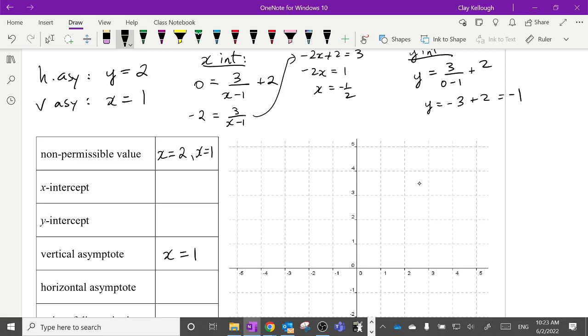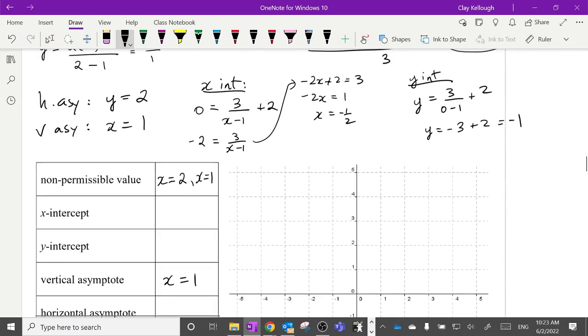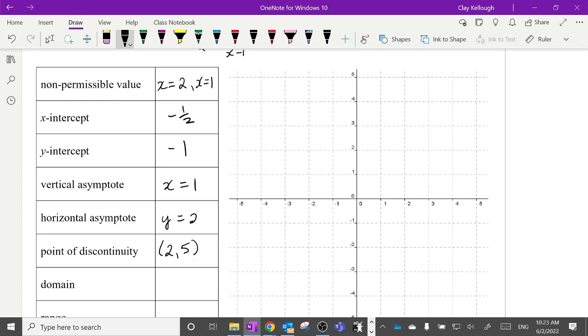The x equals 2 is my point of discontinuity. And what was the coordinate for the y again? We found it. I remember finding it. There it is, (2, 5). All right, we found the intercepts. X was -0.5. Y was -1. Horizontal asymptote we found. Y is equal to 2. I think I'm ready to graph this thing.